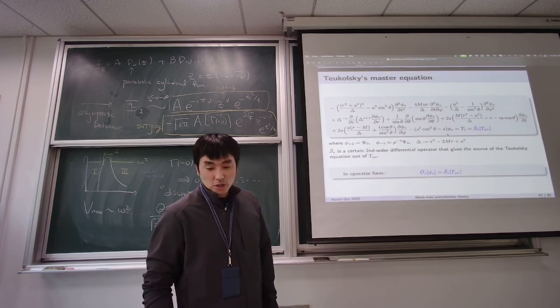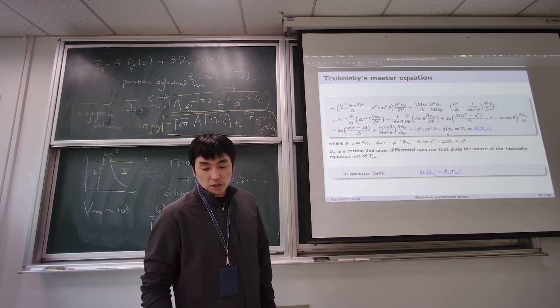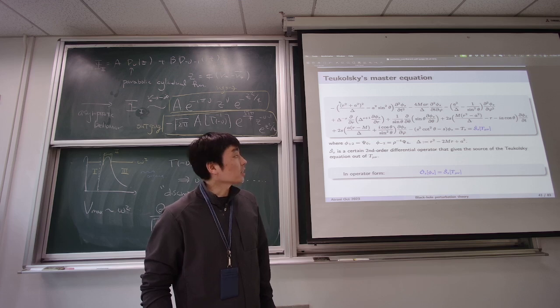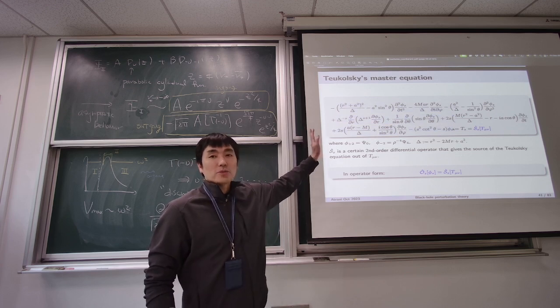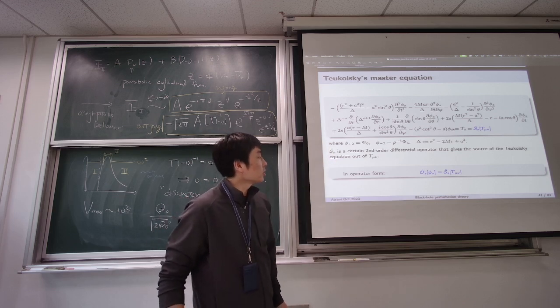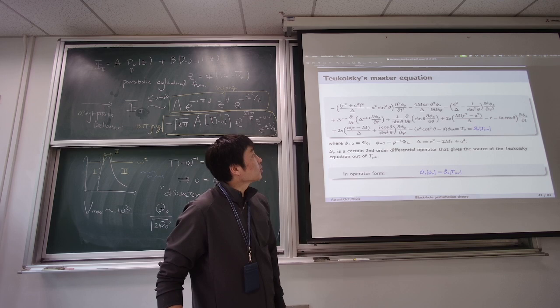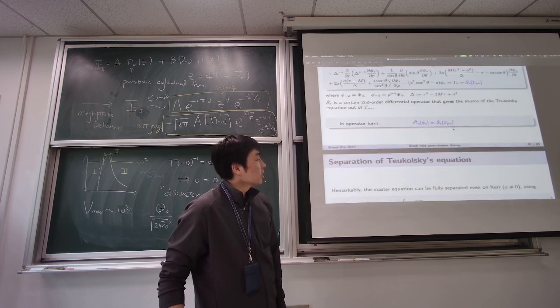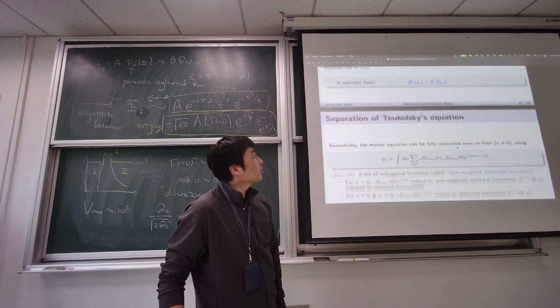This is called the Teukolsky equation. This is in the Kerr case. That's why I wanted to avoid it, so I just use slides to show. This is a Kerr version of the Regge-Wheeler or Zerilli equation. And this Teukolsky master equation can be decomposed somehow.